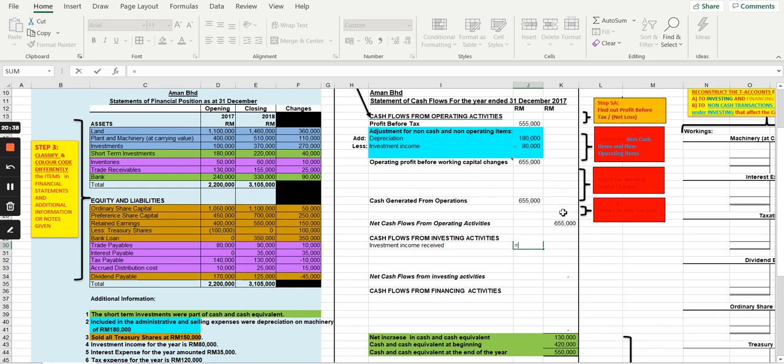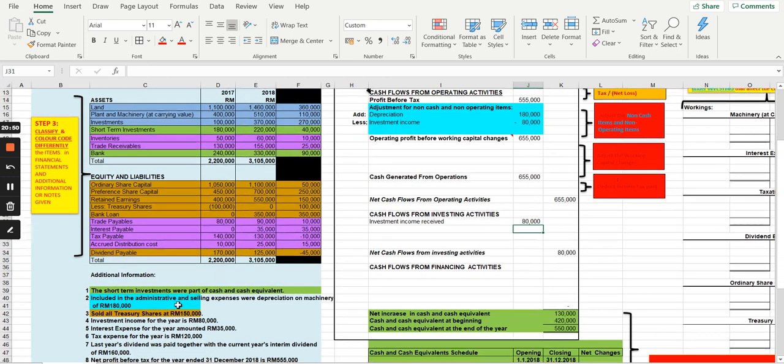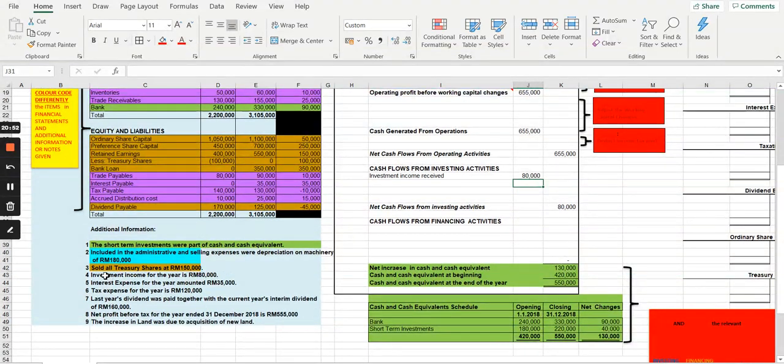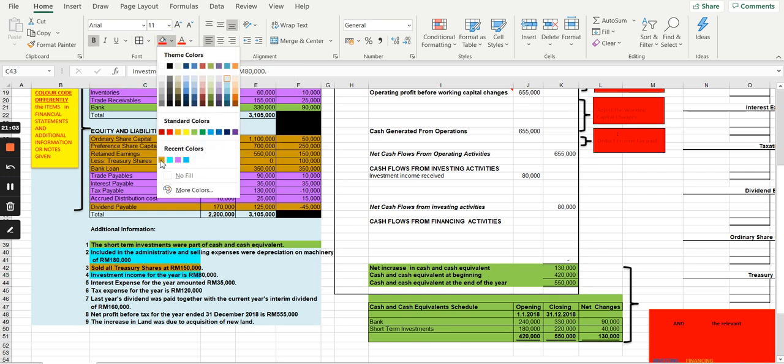Today what you actually receive is also what you earn, so we just put it as it is, 80,000, the same figure. The next item is to find another non-cash item. Let us check. Done for this, right? Which is our item under investing activities.